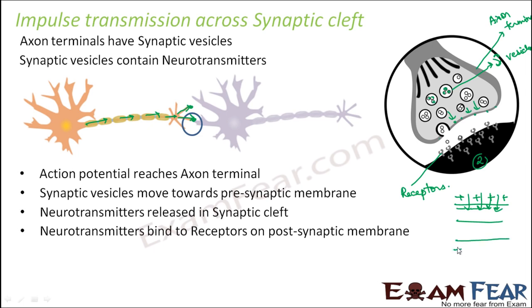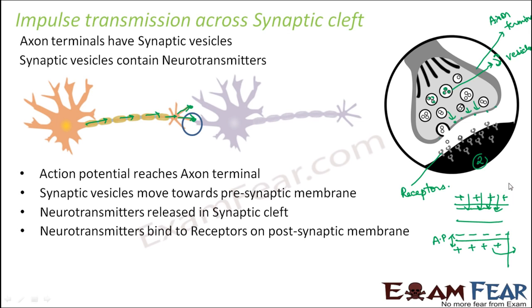As a result, inside will become positive and outside will become negative. So depolarization will take place, and this potential difference would be called the action potential, and then the entire process will repeat. This action potential will then get transmitted to the neighboring region and so on, and that is how it will get transmitted in the next neuron.